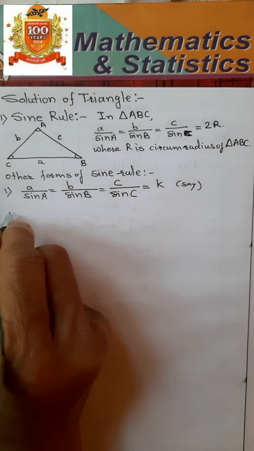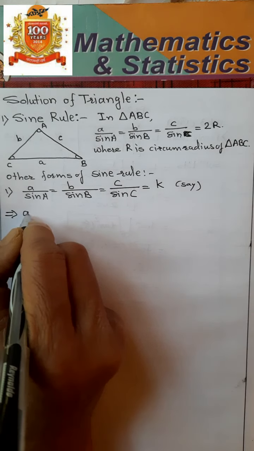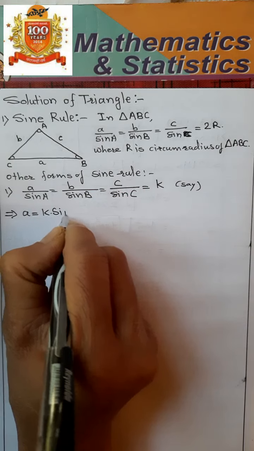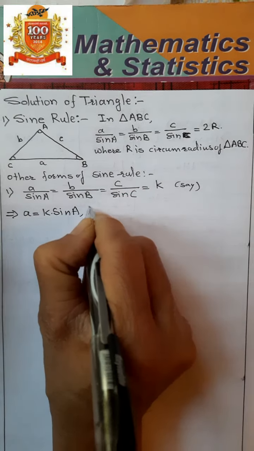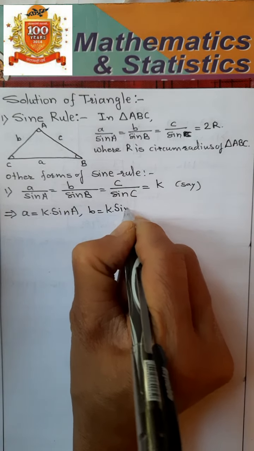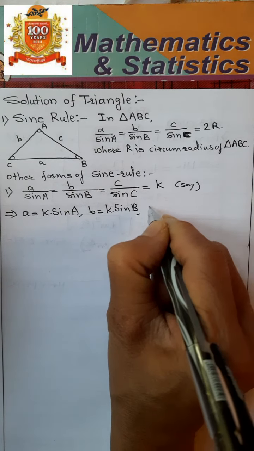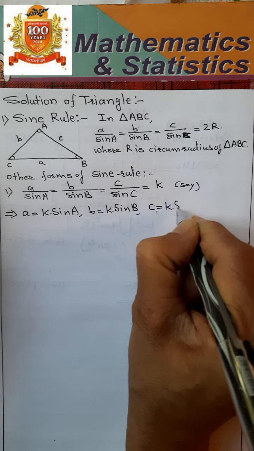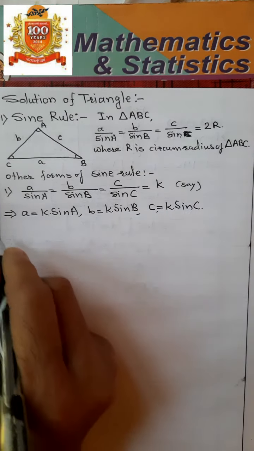From this we can write a is equal to K into sine A, b is equal to K into sine B, and c is equal to K into sine C.